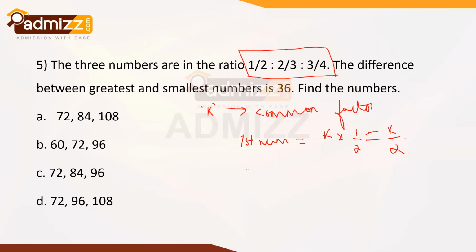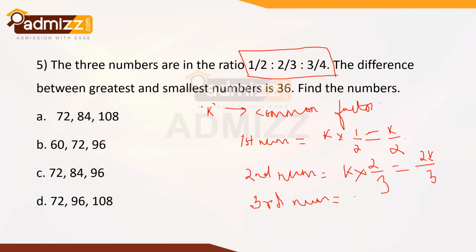And the second number becomes k times the second ratio, which is 2/3, which is 2k by 3. And the third number becomes 3k by 4. I'm doing this directly.